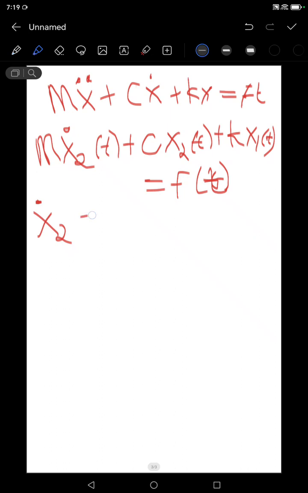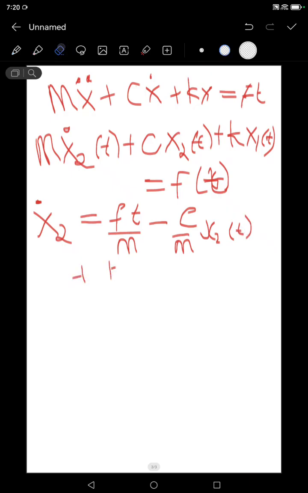So it's going to be equal to f of t divided by m, minus c over m x2 of t. It's minus, not plus, because we're taking this to the other side. We're making x2 dot the subject of the formula. And it's going to be minus k over m x1 of t, like this.